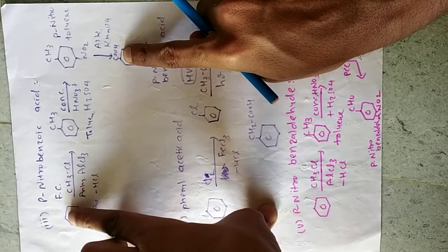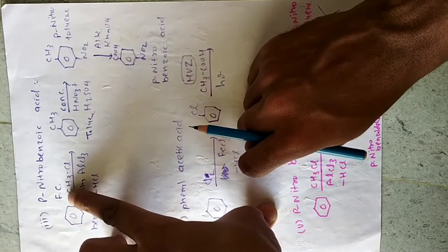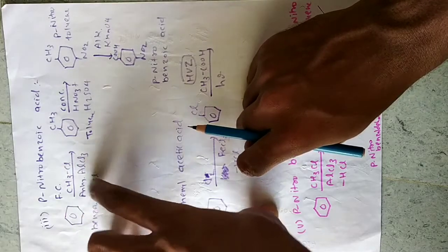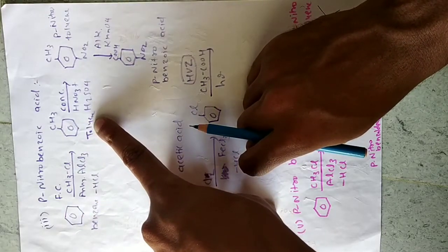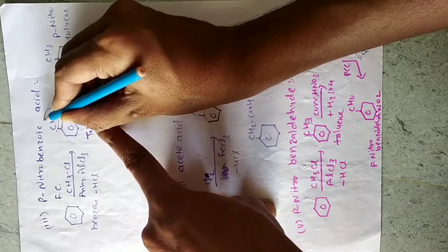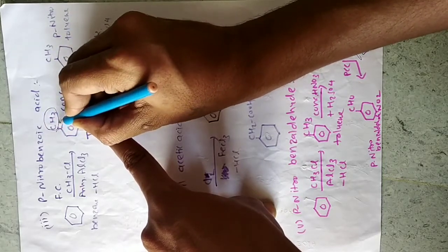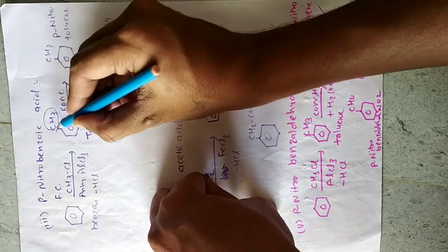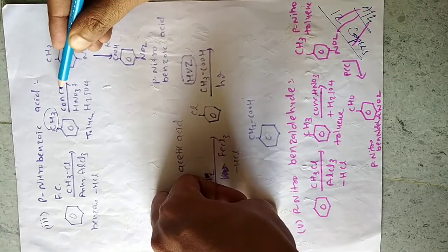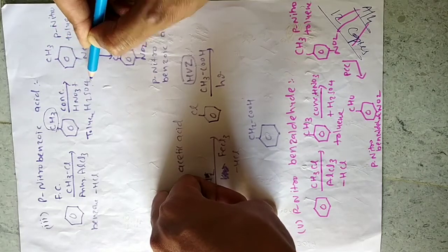Again, the number of carbons is increasing, so I am using the Friedel-Crafts alkylation reaction. Same reaction is there, I'll get toluene. Then what am I going to do here? This CH3 group is an ortho-para directing group. So I am going to apply the nitration reaction first here.